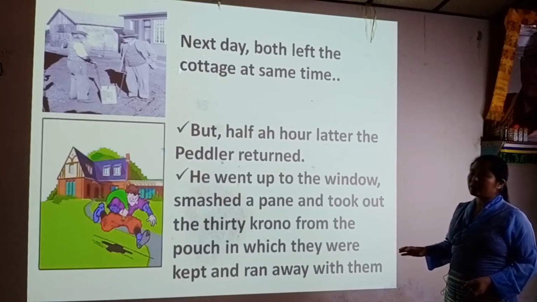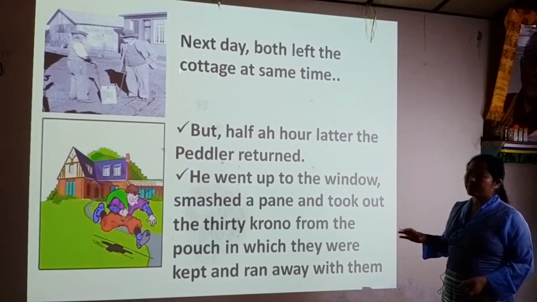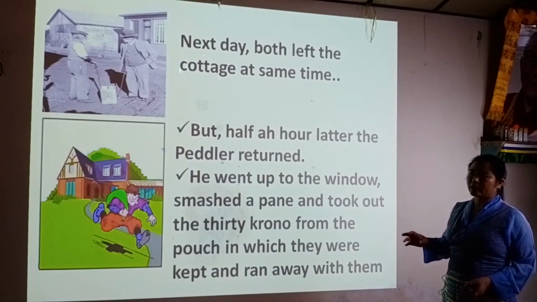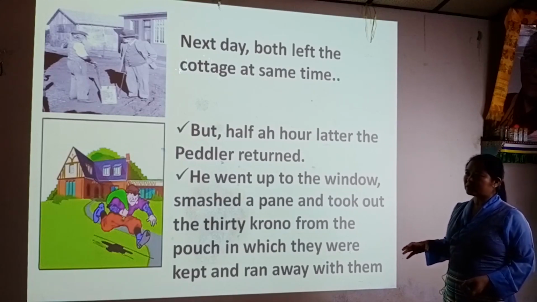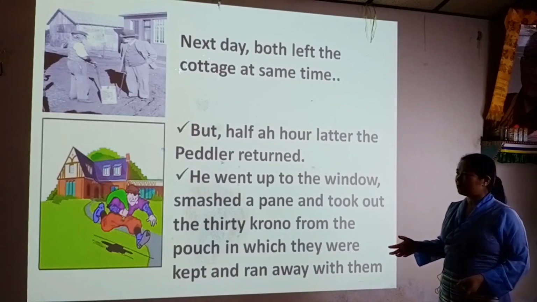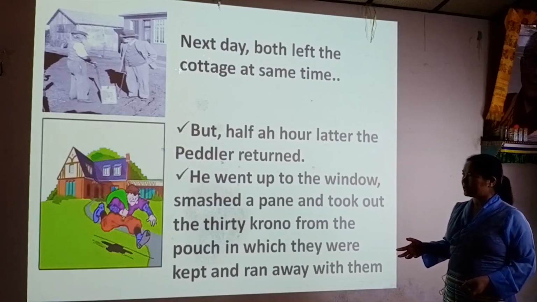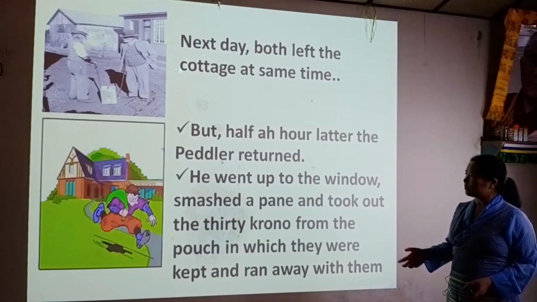So what we learn here is the peddler himself has fallen into the trap that he had thought about. He said the whole world is a rat trap. That is the first trap in which he has fallen. And the bait was the 30 kronor that was shown to him by the crofter.